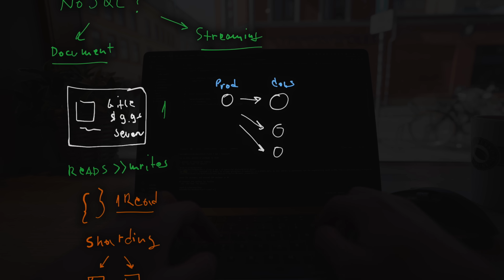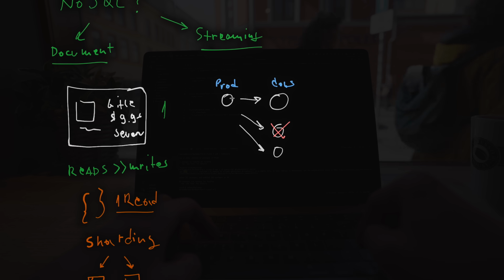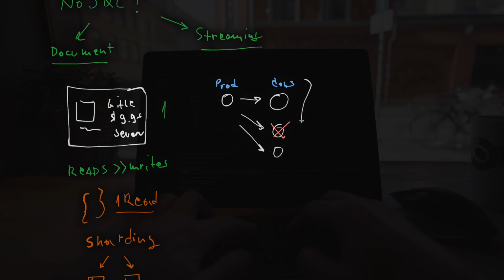But also, in the case that one of the consumers is down, maybe you're doing a deployment or something, the producer again has to worry about some kind of a retry mechanism or some other way to ensure that the message is actually delivered. And so this naive approach can get very complex very quickly.